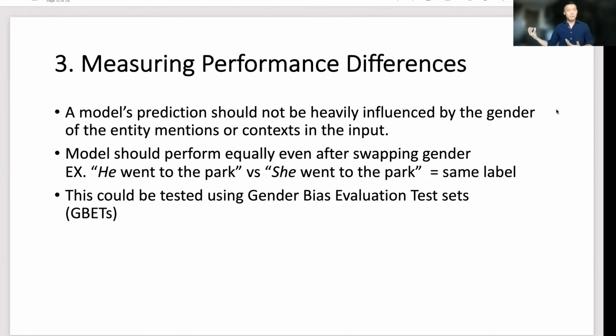For any classifier, for any system that you use, it should produce the exact same output because there's no reason why it should not. Except when you want to translate this. Maybe you want to use, say, the Korean male pronoun as the translation for "he," and the female one as the translation for "she." That's fair, but for a classification task, when you try to put a label on a sentence or on a piece of text, it should produce the exact same output.